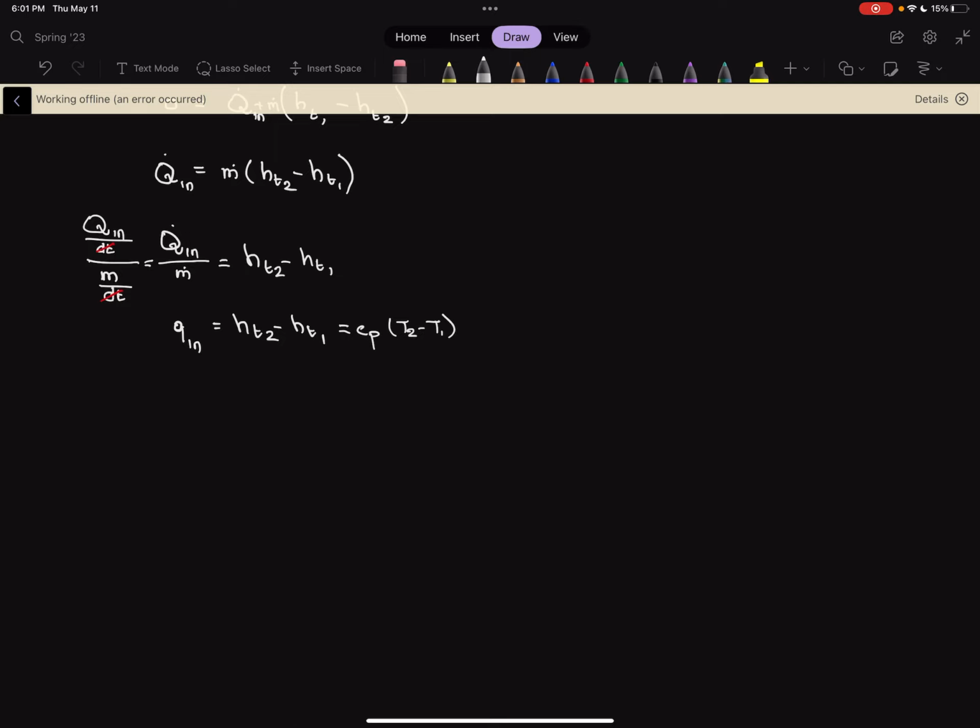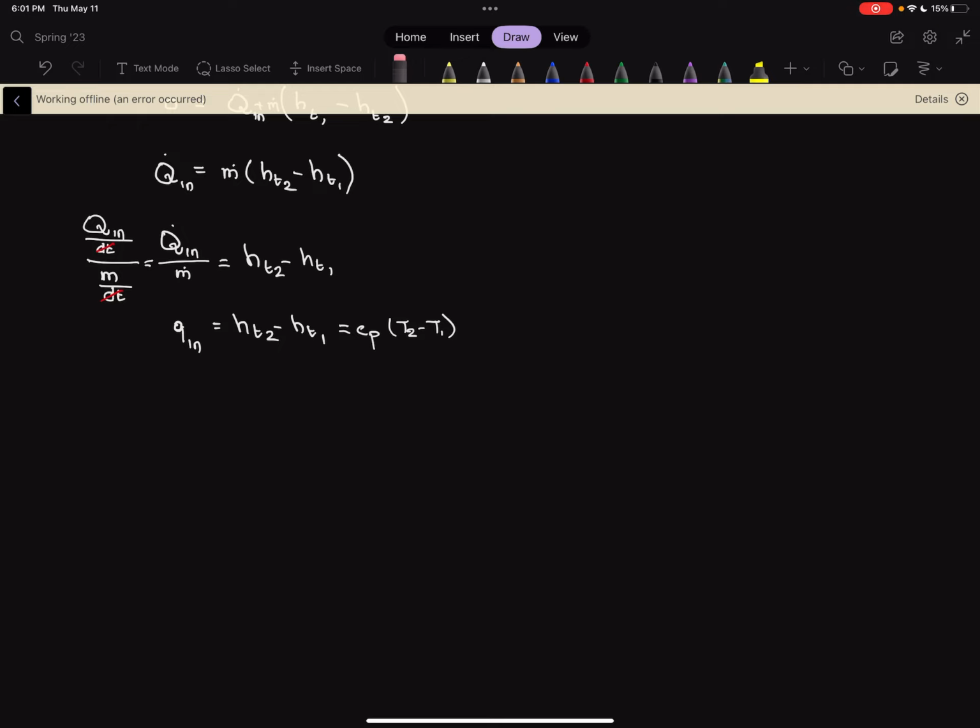Now they gave us T1, so we can solve for T2. And why do we want to solve for T2? Well, I'll show you in a second. So now we have Q in... First, see, that's what happens when you skip steps. Don't skip steps.